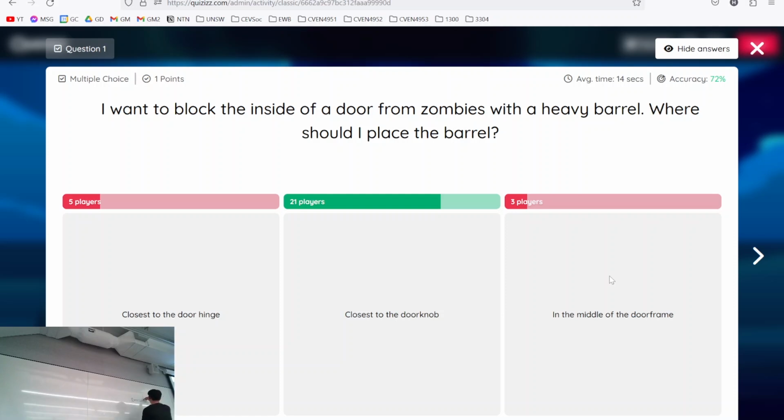Let's say it's a bunch of them. Placing them further from the hinge gives a bigger distance to resist the loads from the zombies on the side, because the side closest to the hinge would give you less of the run, right?